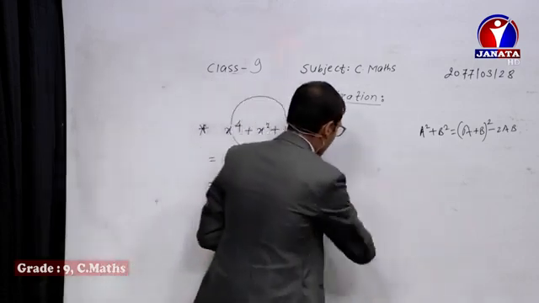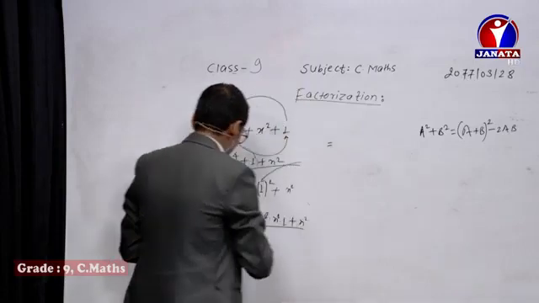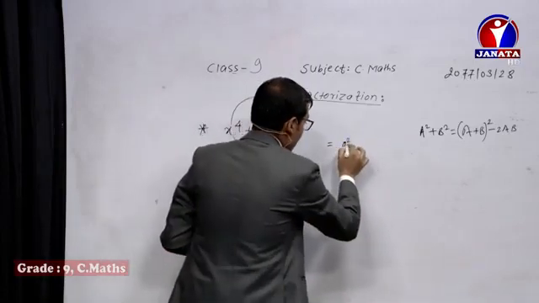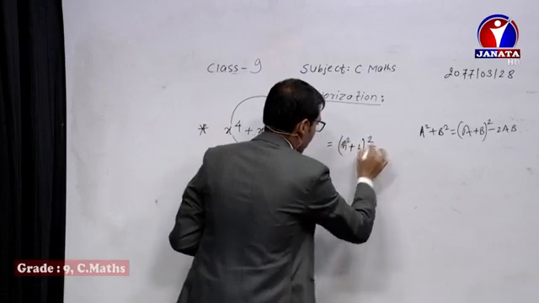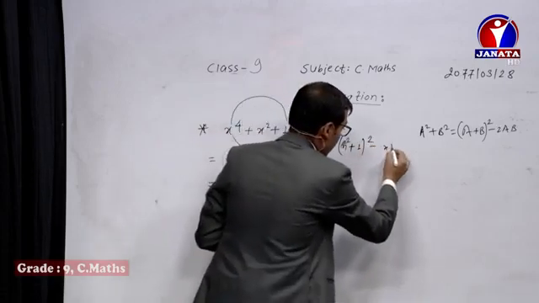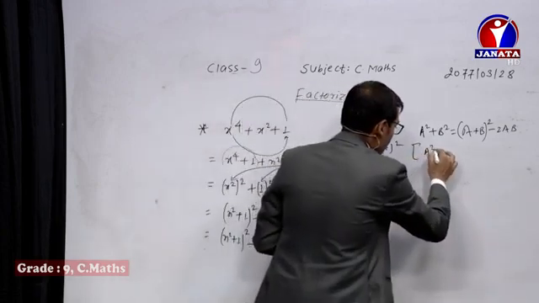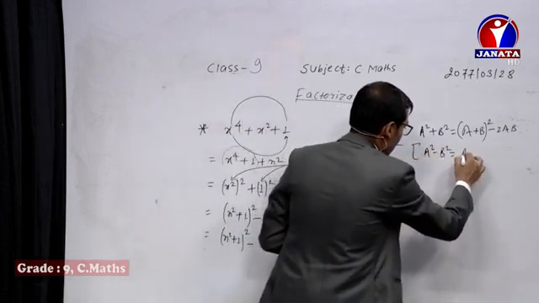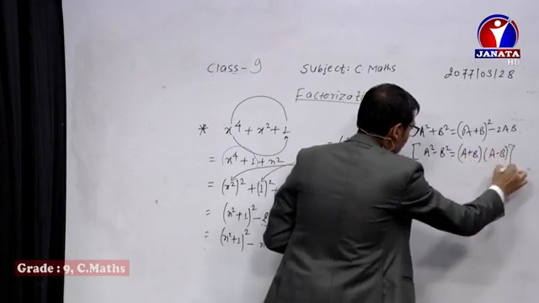A square minus b square has two factors. So I am rewriting this as x square plus 1 whole square minus x whole square. Now we have the formula for a square minus b square: a plus b times a minus b.